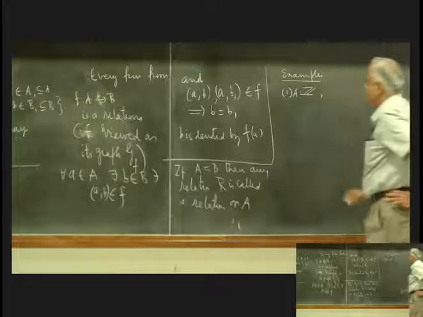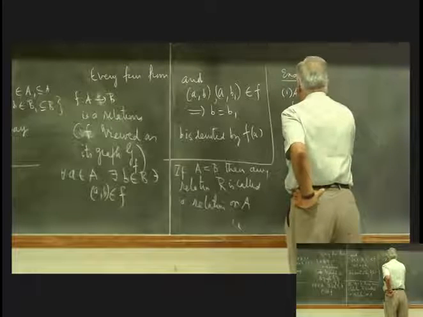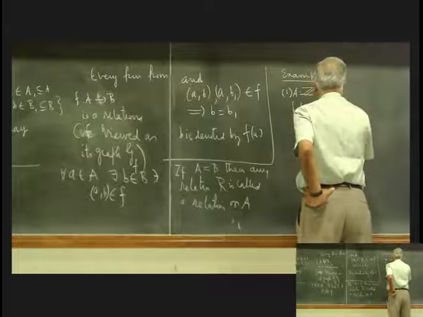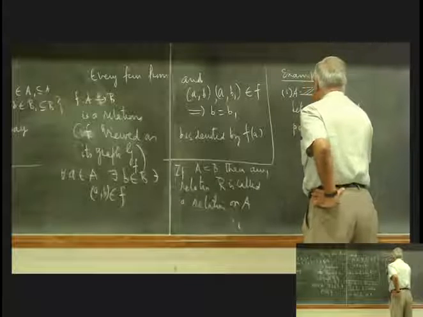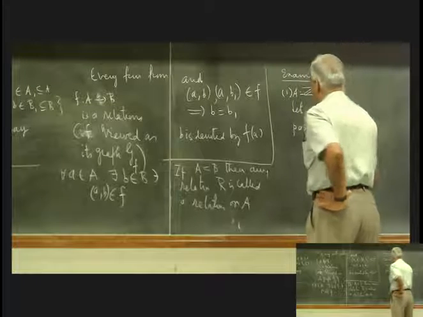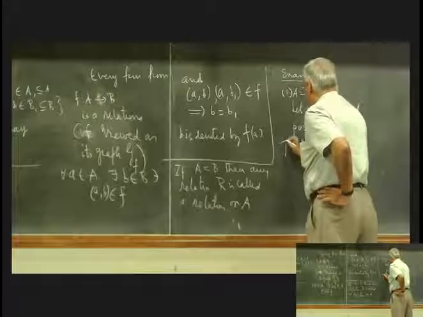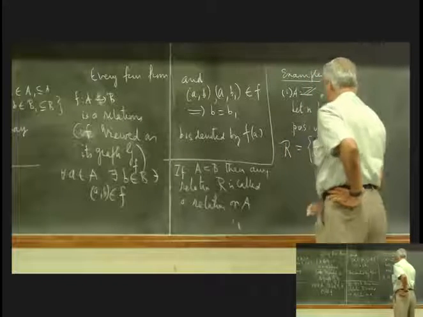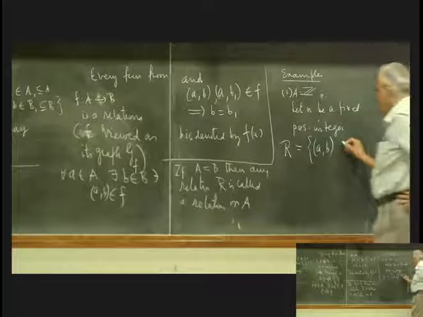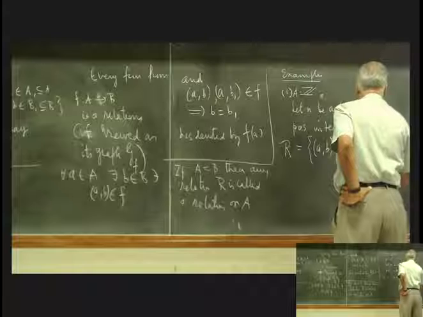Let us take A equal to Z, and let n be a fixed positive integer. Then let us look at the relation R to be all those (a, b) such that a is congruent to b mod n.